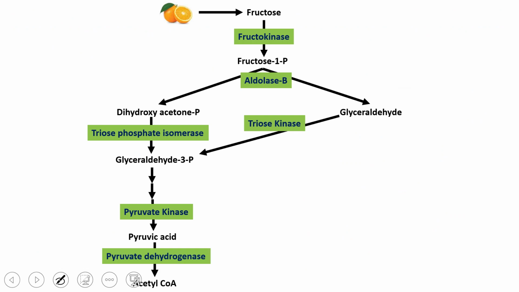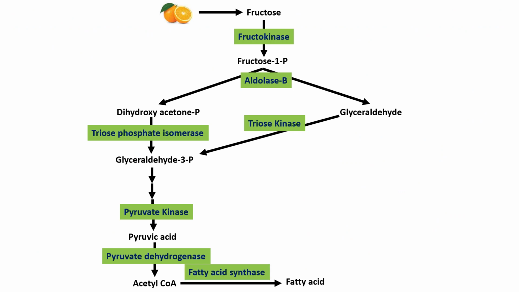In this case, the pyruvic acid which we have got is converted to acetyl coenzyme A through the normal PDH reaction, that is the pyruvate dehydrogenase reaction. This acetyl coenzyme A ultimately gives us fatty acids through the fatty acid synthase enzyme, that is a multi-enzyme complex. So we have got fatty acids here.